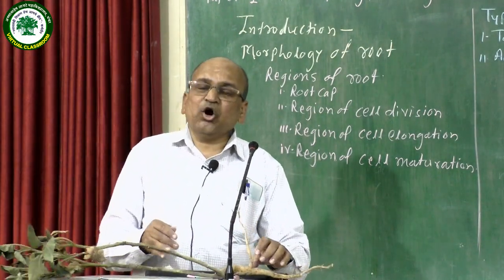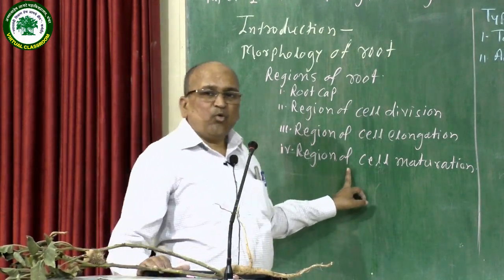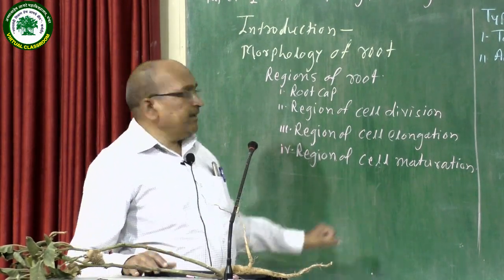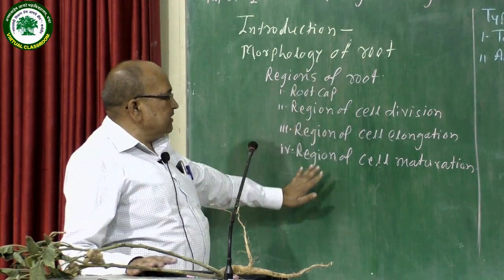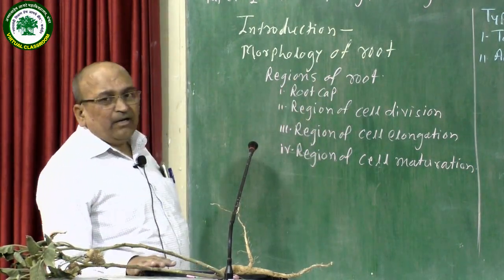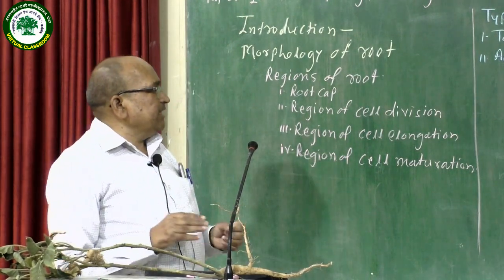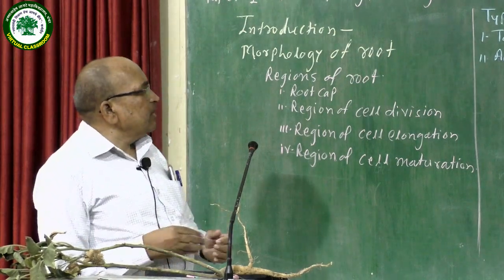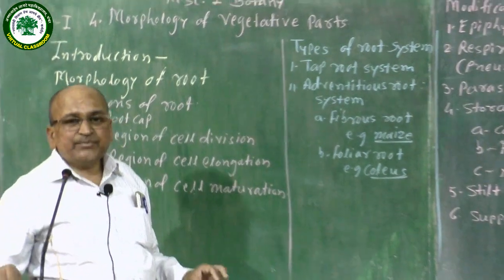This region helps for the absorption of water and minerals from the soil. In this way, root shows different regions or parts. Now we see the next part of this root, that is the types of root system.